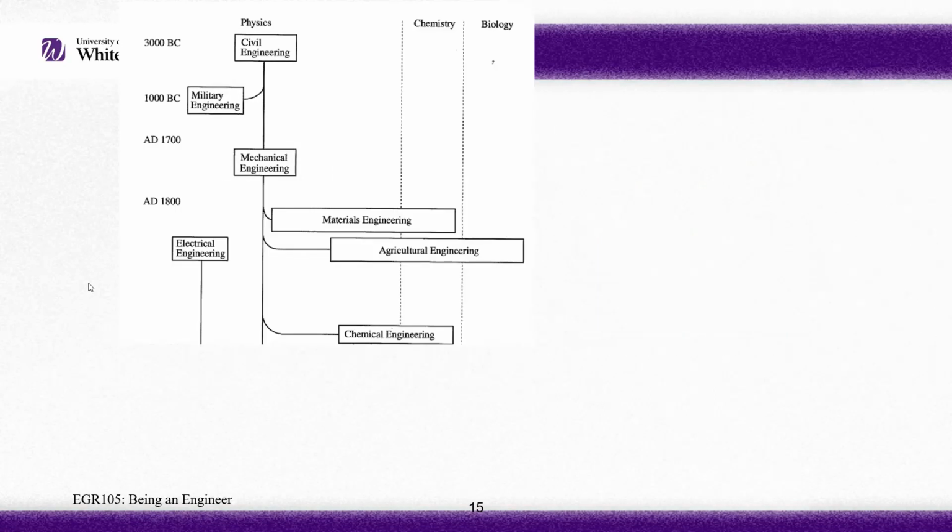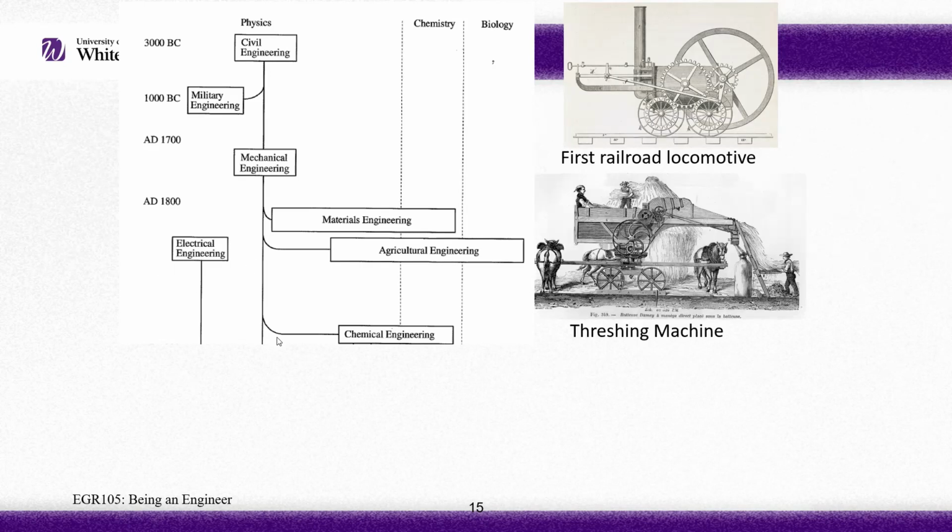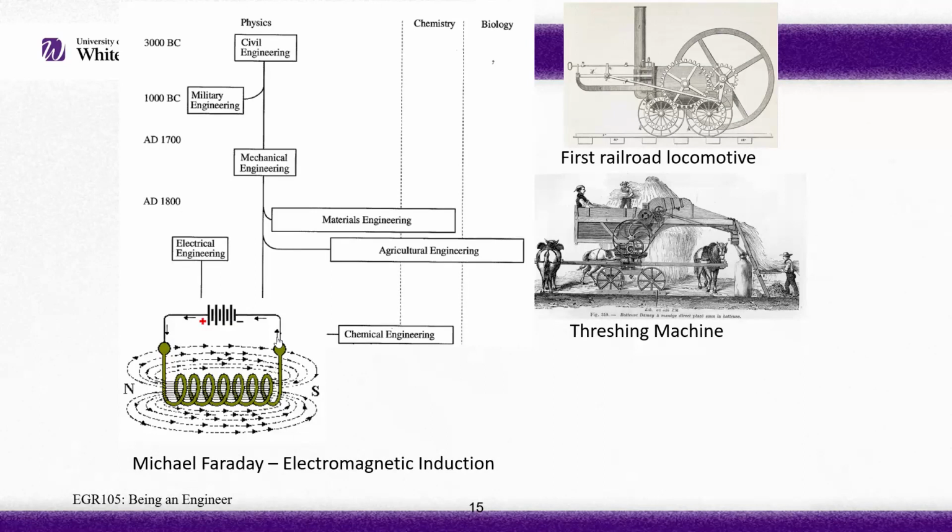And during that time frame also, we have other branches that come out. This is still all under physics, but now we're getting chemistry in here and biology with material engineering and agricultural engineering and electrical engineering and chemical engineering. All these were brought in at the same time. These are all advancements that were done during the Industrial Revolution.